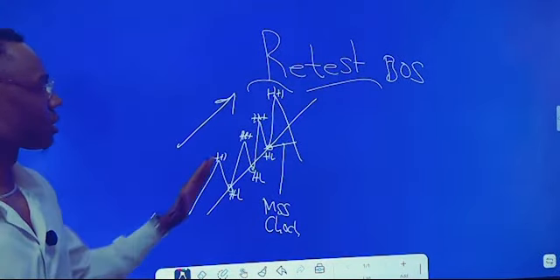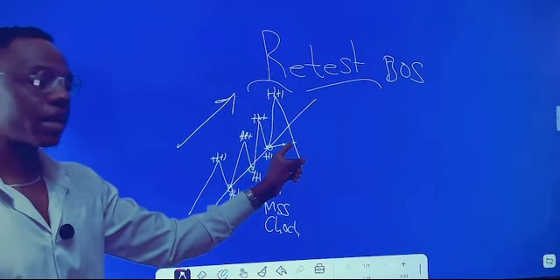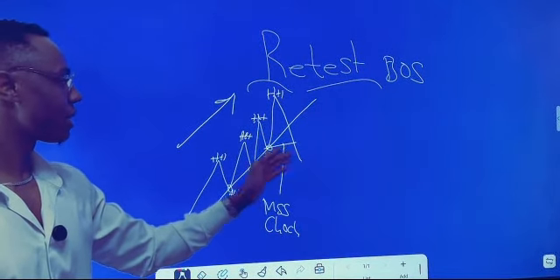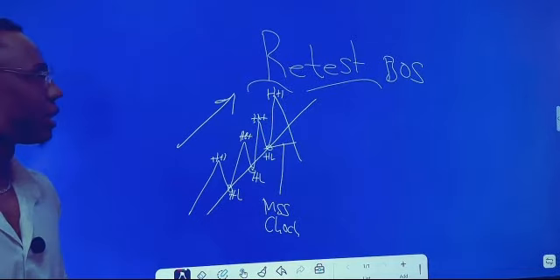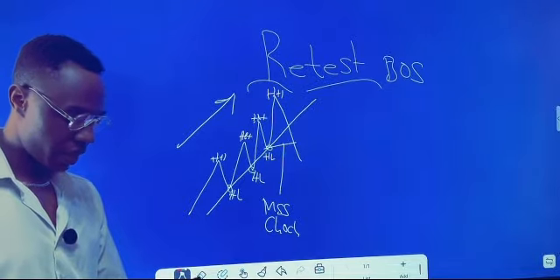Now the current direction is uptrend. But if the market gives you a change of character here, it tells you the market is about to reverse. And what is the opposite direction? The bearish side, or down.